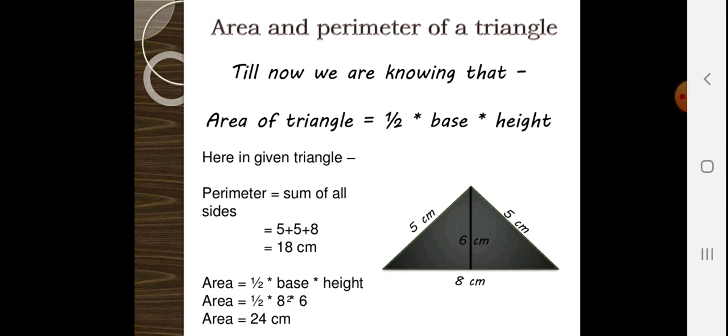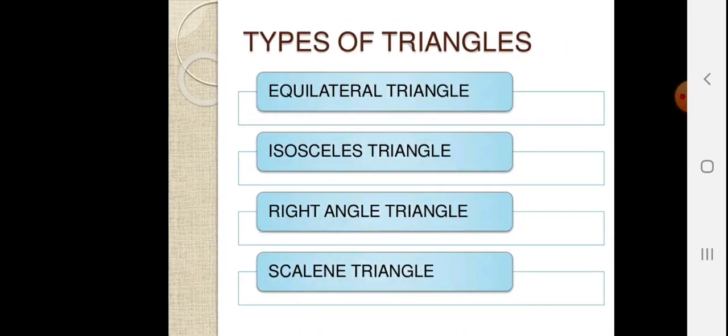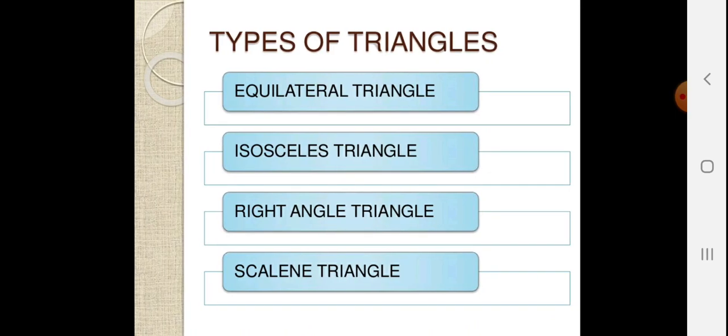So far we know about this. Now, let's learn a little more in detail. First of all, let's have a quick revision of types of triangles. They are equilateral triangle, isosceles triangle, right angle triangle and scalene triangle. First, equilateral triangle. Equi means equal, lateral means sides. So a triangle with all three sides similar is known as an equilateral triangle.